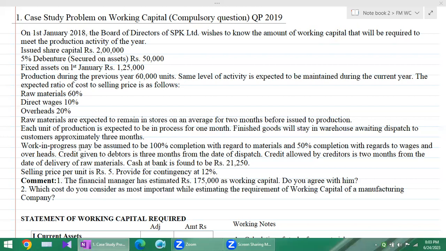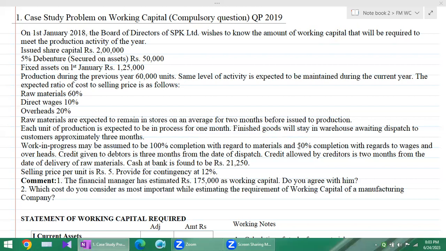Next comes, work in progress may be assumed to be 100% complete with regard to materials and 50% complete with regard to wages and overhead. It means the raw material cost is 100% consumed, whereas for the conversion cost, that is wages and overhead cost, you will have to take only 50%.